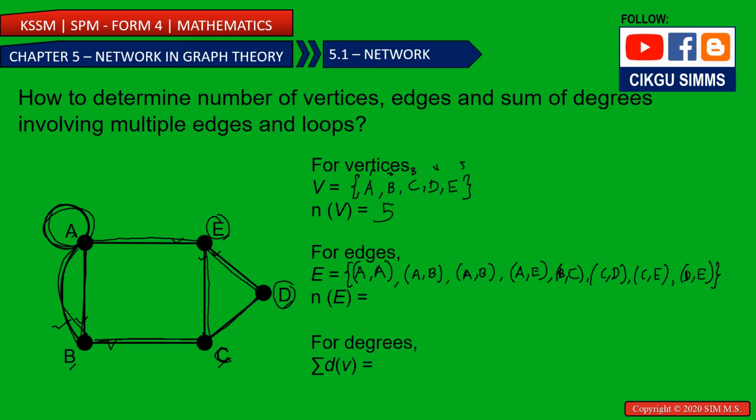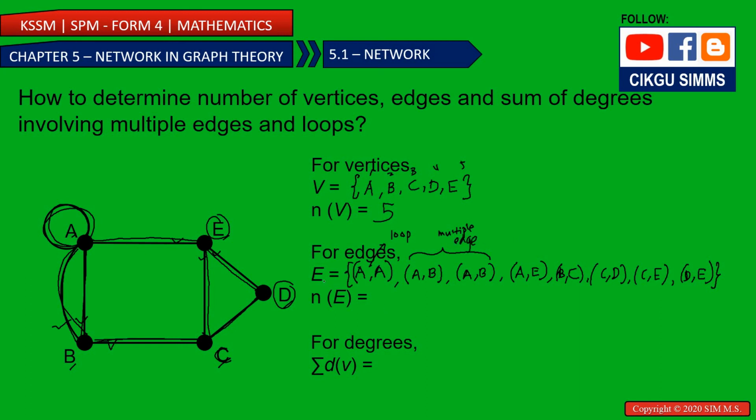From the list of the edges, you can tell this is the loop because it has the same symbol twice, and this is multiple edges because it is the same group repeated.